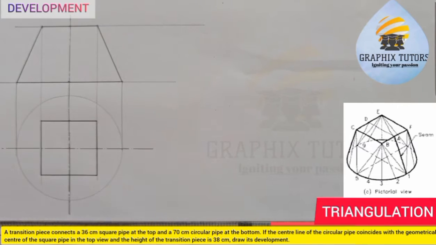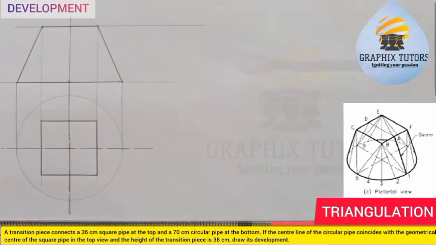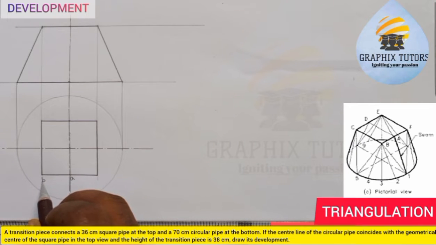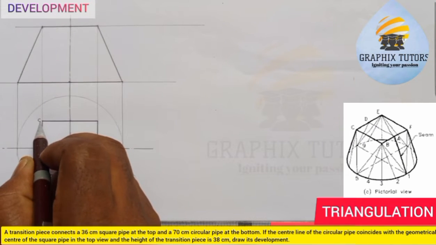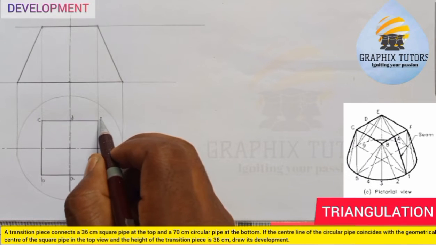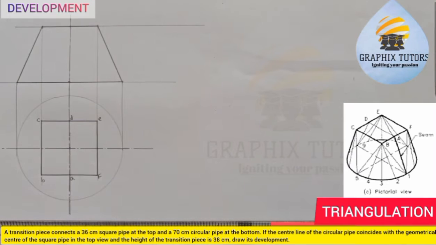Right? So we need to develop this when you cut this into two. Let's say we're cutting it from here. So I can easily label here to be A. If here is A, here will be B, here will be C, here will be D, here will be E, and here will be F. You can see that?